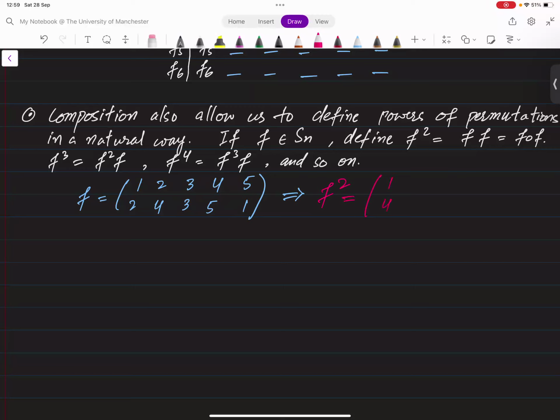1 goes to 4, 2 goes to 5, 3 is fixed, 4 goes to 1, and 5 goes to 2. It is not similar to f.